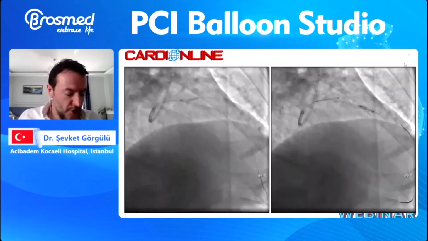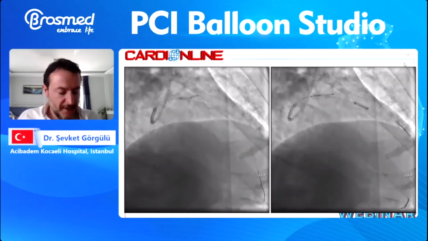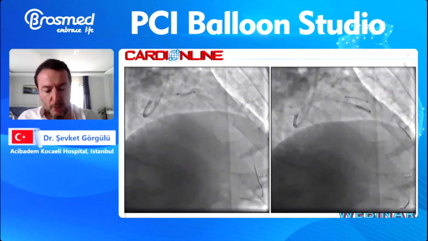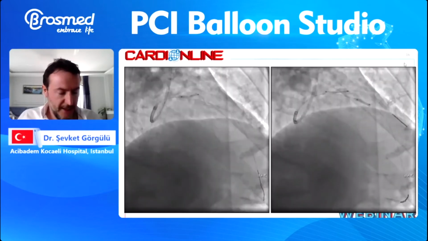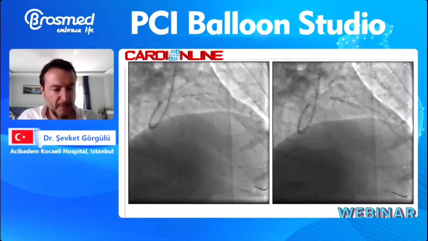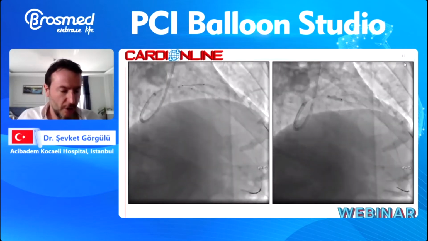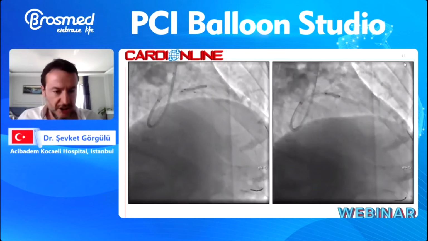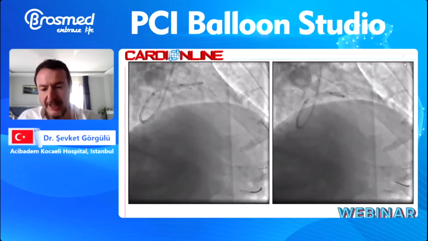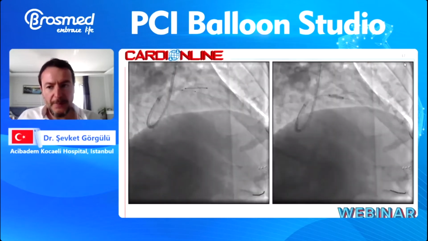Lesion predilation, the stent was crossable only with the anchor balloon in the LAD. 2 by 10 millimeter Artemis was placed in front of the diagonal stent. This was the DK crush procedure stent, which was crushed with this balloon after stent deployment.